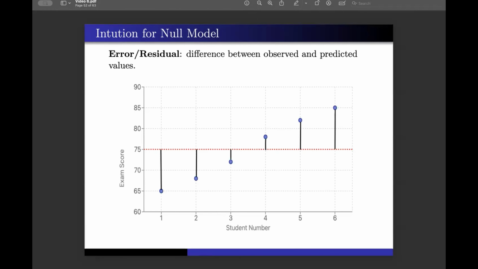We have the blue dots that represent the observed values, and the average line that depicts the predicted value. The difference between them is what we call error or residual, and here the black line represents the error for each observation.